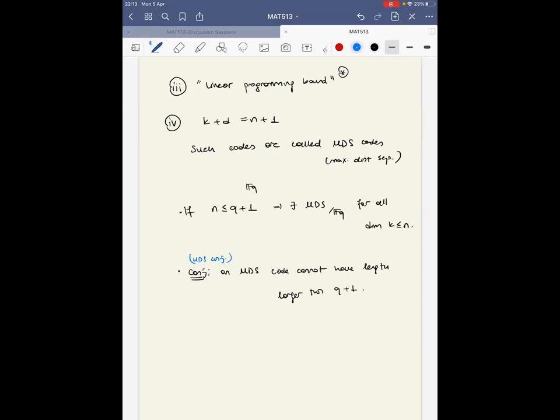And one of the important results about this conjecture was given by Simeon Ball, if I'm not pronouncing it wrongly. He shows that this conjecture holds over prime fields F_p.